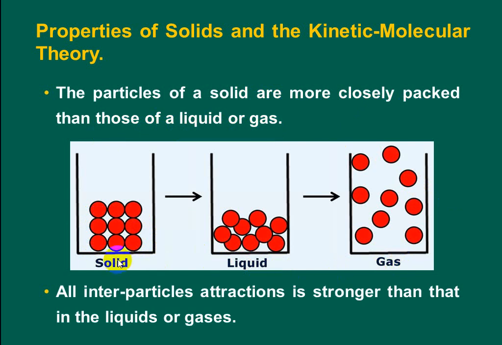And the interparticle attractions means the attraction between the particles, the attraction between atoms or between the molecules of the solid. So interparticle attractions are stronger in solids than in liquids, and stronger in liquids than in gases.